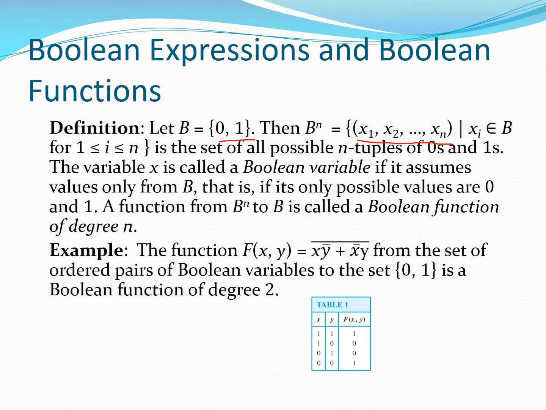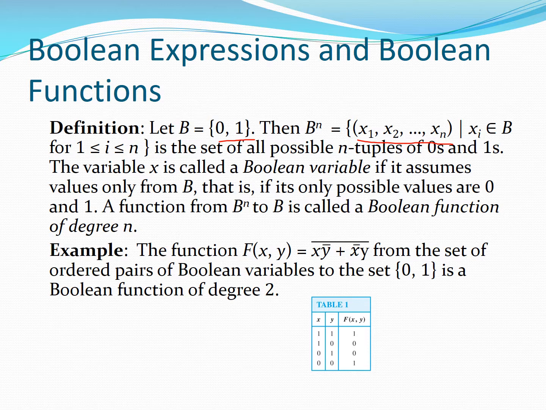So since it contains n variables, we say a function from B to the n to B is a Boolean function of degree n, because your expression is over n variables.